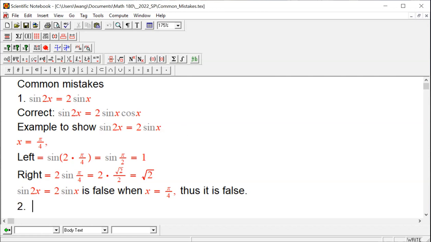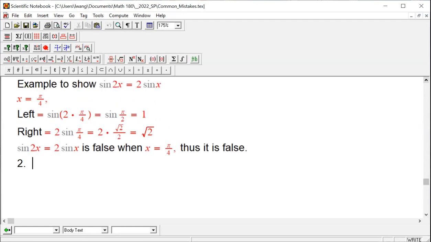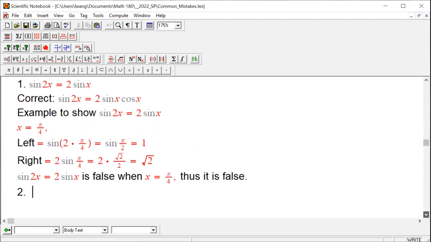The second mistake I saw in the past is this one. The student will say arctangent of negative 1 equals 3 pi over 4.